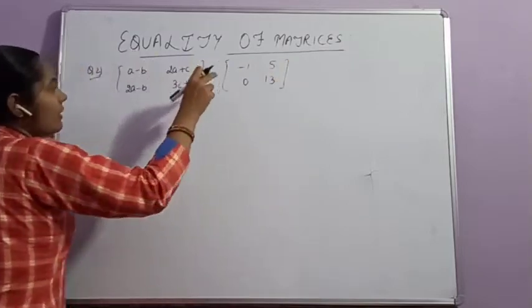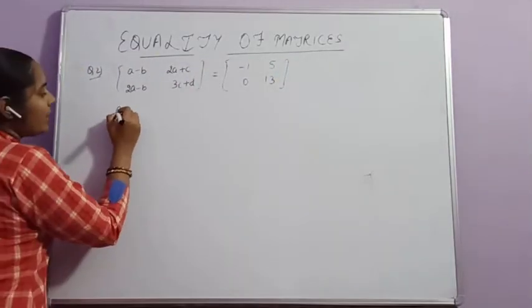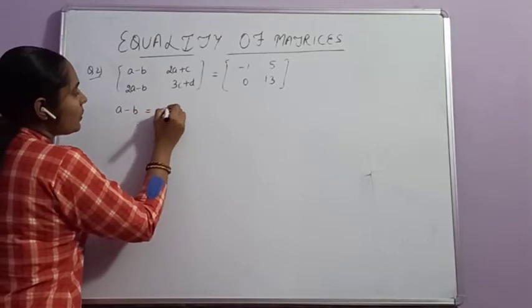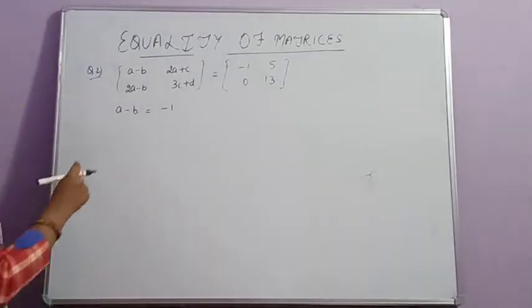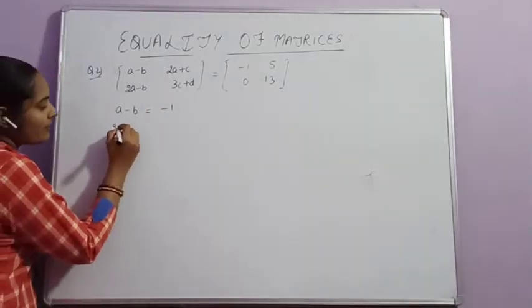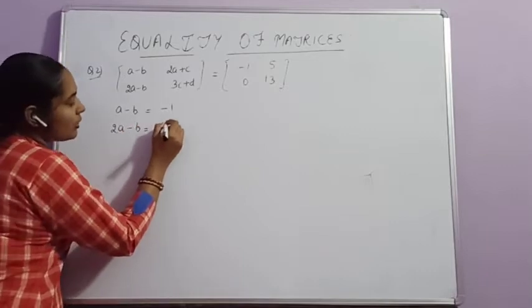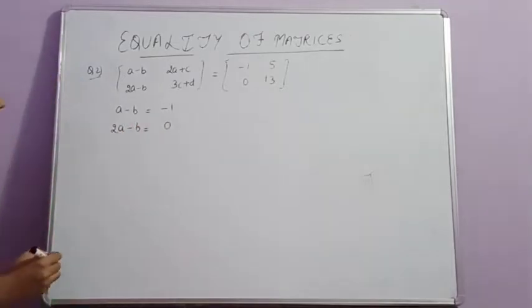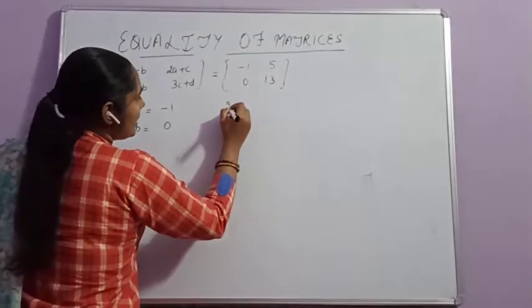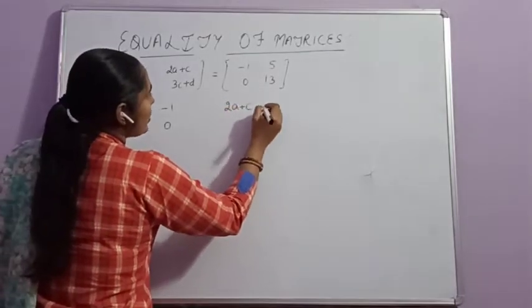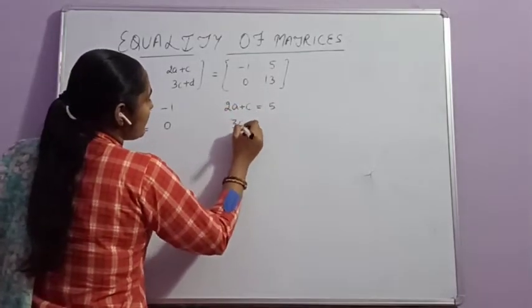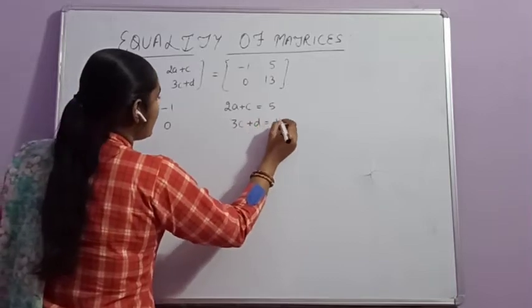Firstly, we compare first element, that is a minus b is equal to minus 1. Okay, next is 2a minus b, that is equal to 0. Clear? Third one, 2a plus c, that is equal to 5 and 3c plus d is equal to 30.